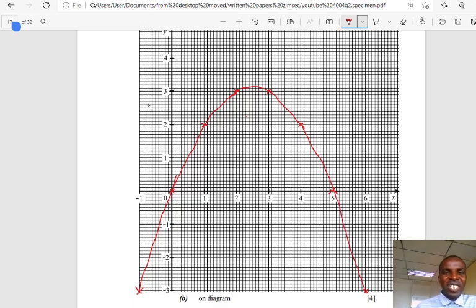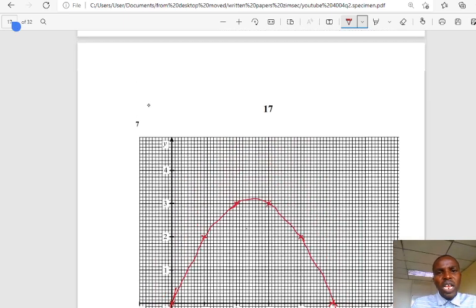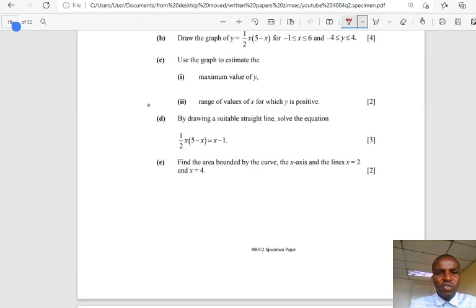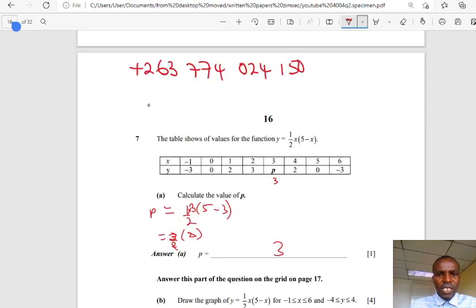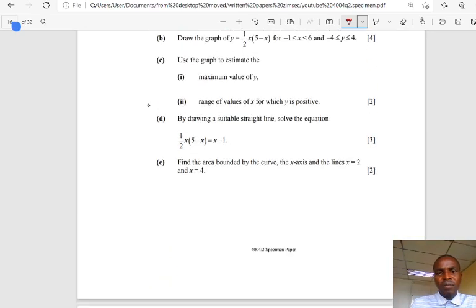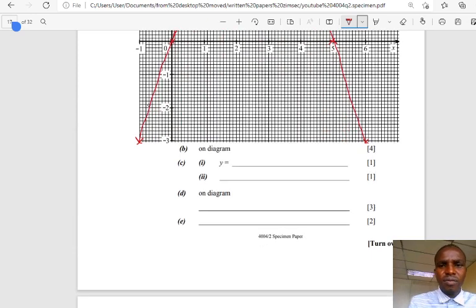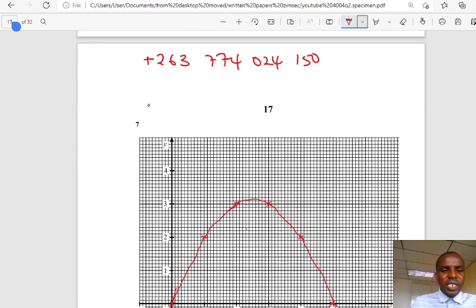Very powerful graph. Then after drawing a graph, you have to label your graph. It's y equals half x, then 5 minus x. Please remember to label your graph. Then done.